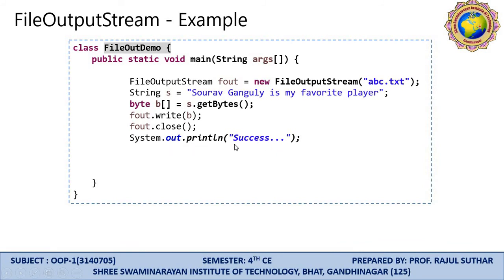System.out.println, you can write any message like success or happy. After completing this try block, we work with the catch: catch exception e, System.out.println. Any error message will be displayed, so an exception has occurred.